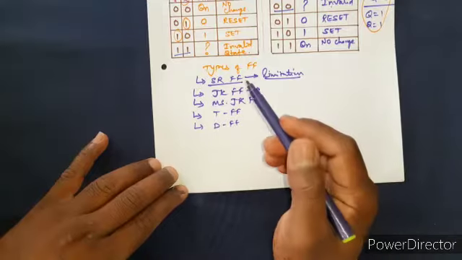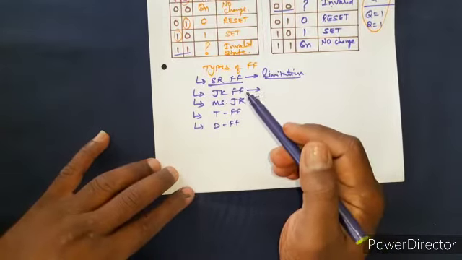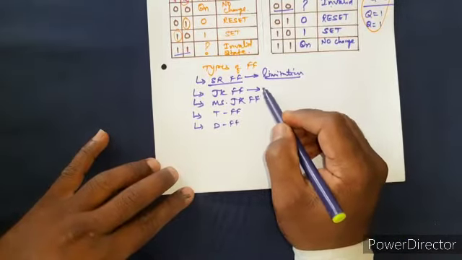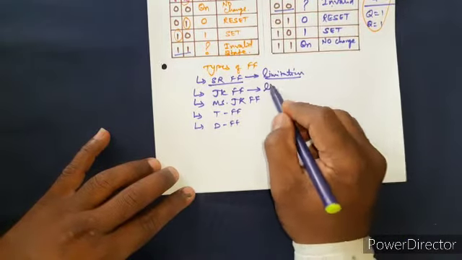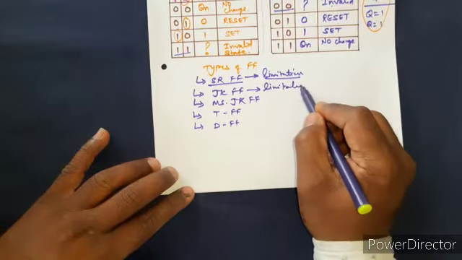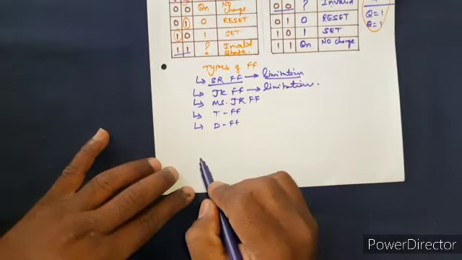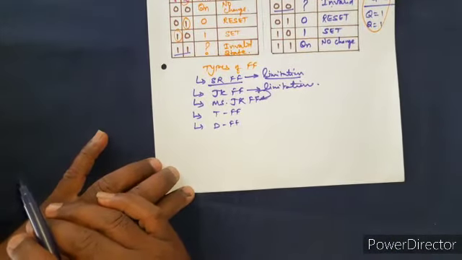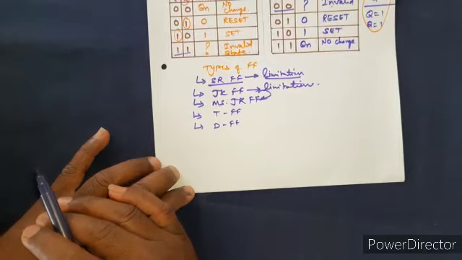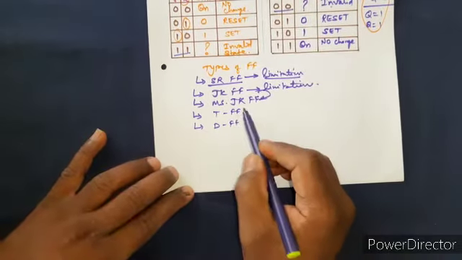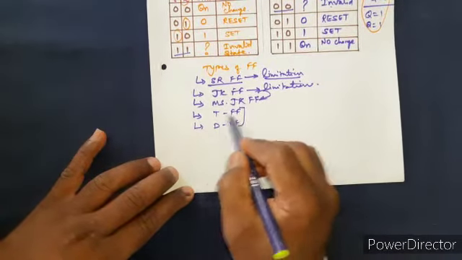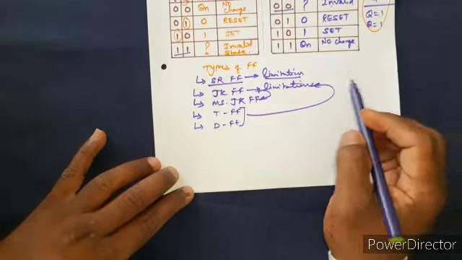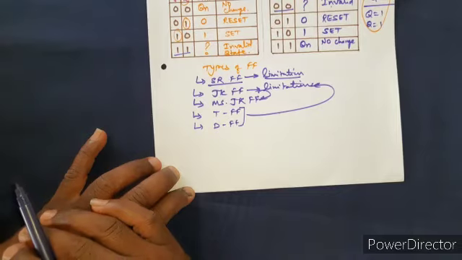JK stands for the name of a scientist, I'll tell you when we go for the JK flip-flop. The JK flip-flop still has some limitation, which is again overcome by the master slave JK flip-flop. And these two are designed by just slight modification to the JK flip-flop.